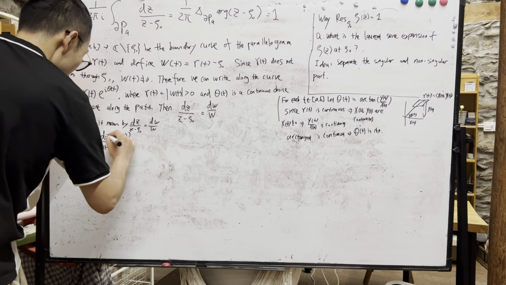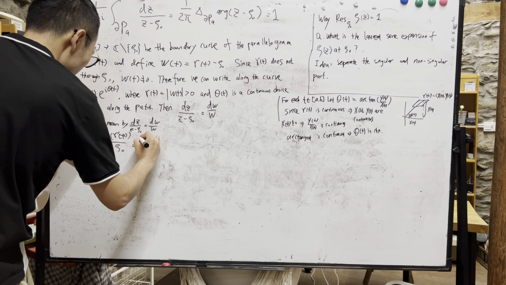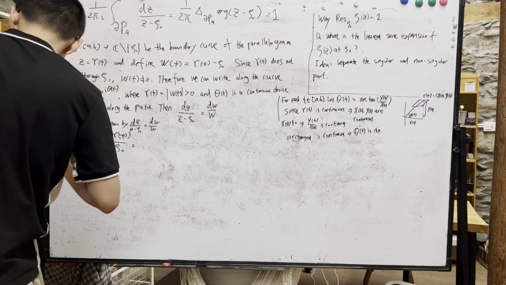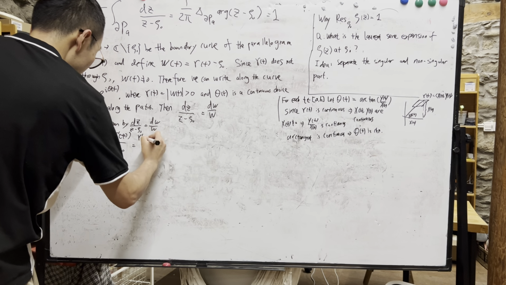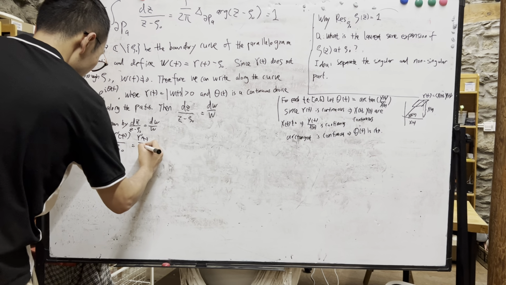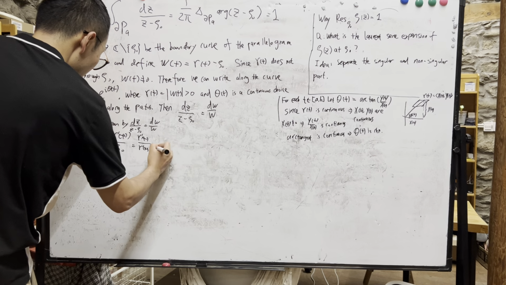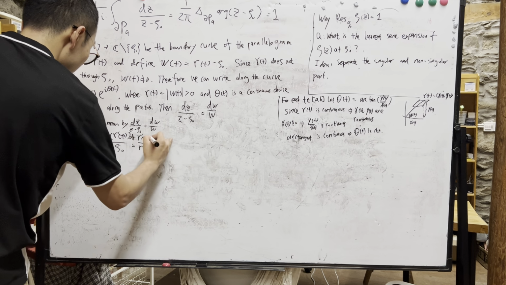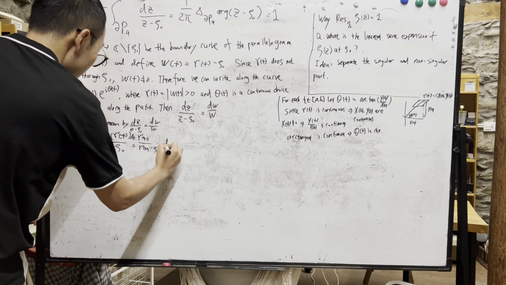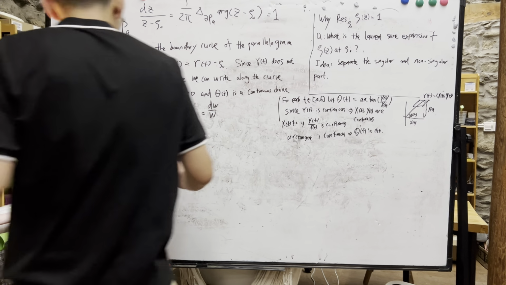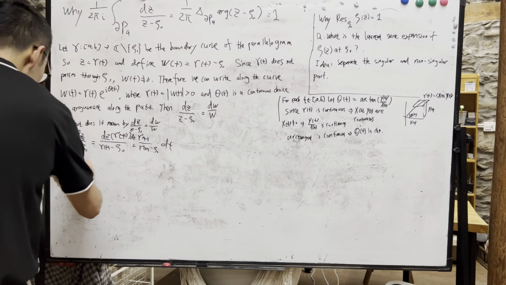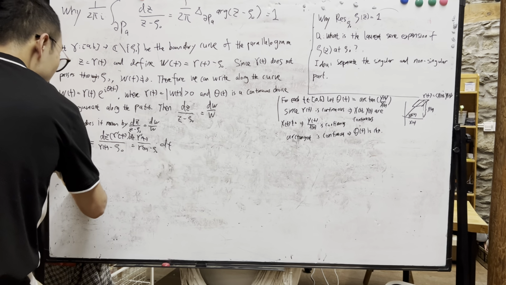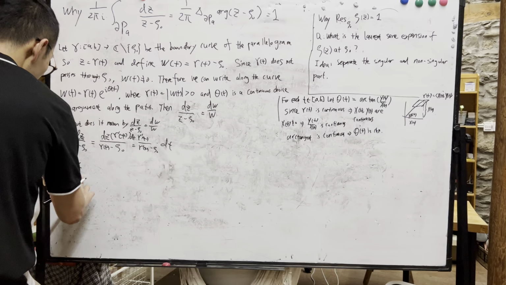This is dz applied to gamma prime t, which is exactly gamma prime t. Sorry, this should be times dt. And then, what is d omega over omega?